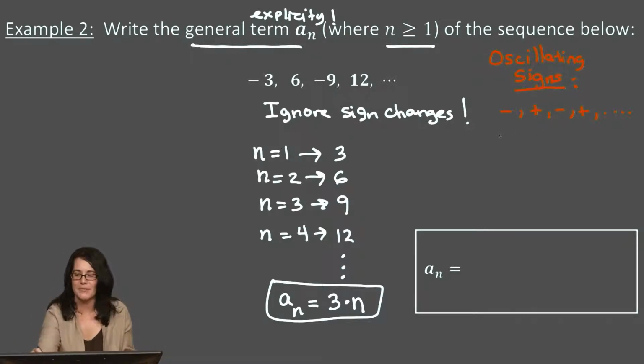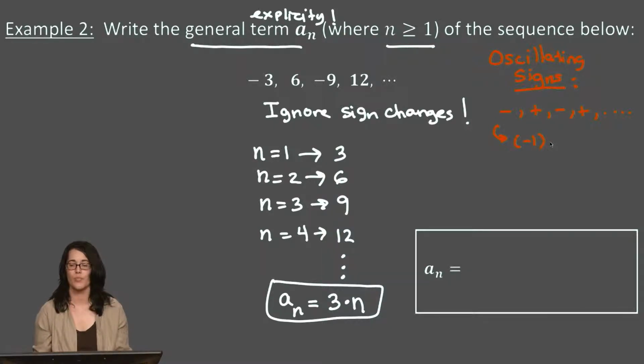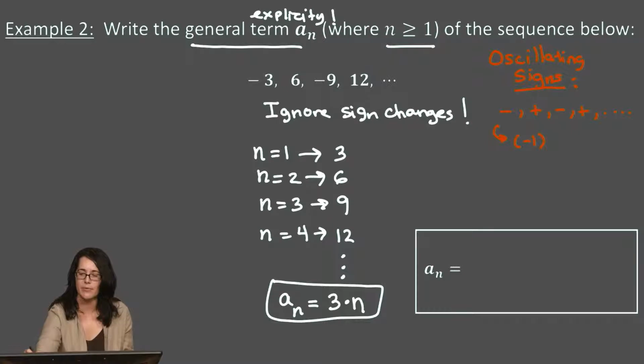So what we would do in this case is we would use this idea, -1 to some power. But what power? Would I use the term number n itself, or would I make it like n plus 1 or n minus 1? Well, let's take a look at what happens here.